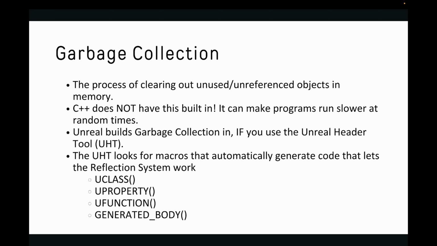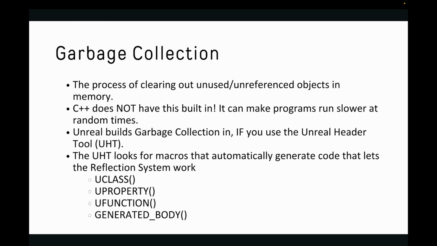Because C++ does not have this built in, it can run faster, because garbage collection can take time. At relatively random times, if garbage collection runs, it will slow down the computer as it's processing that. It'll pick back up and go better afterwards, but it's still going to cause small little lurches in speed. Unreal builds in garbage collection.